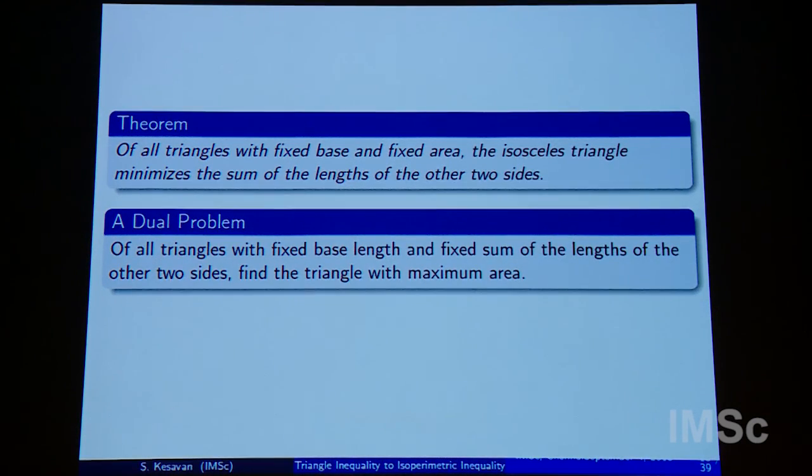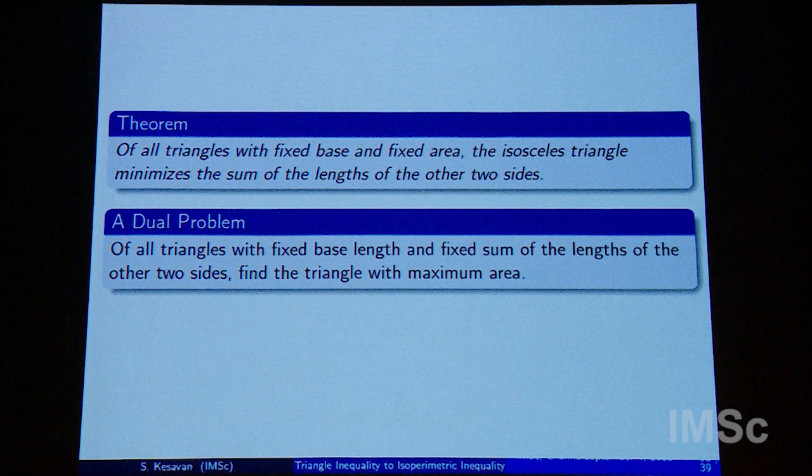Now, when you do maxima minima problems with constraints, there is always a notion of a dual problem. Suppose I have maximize f of xy, say, in two variables, such that g of xy equals a constant.